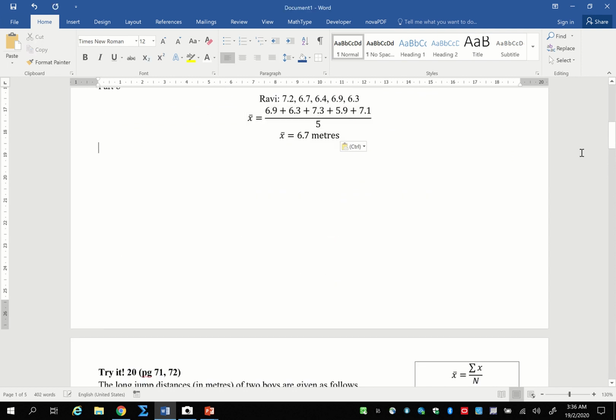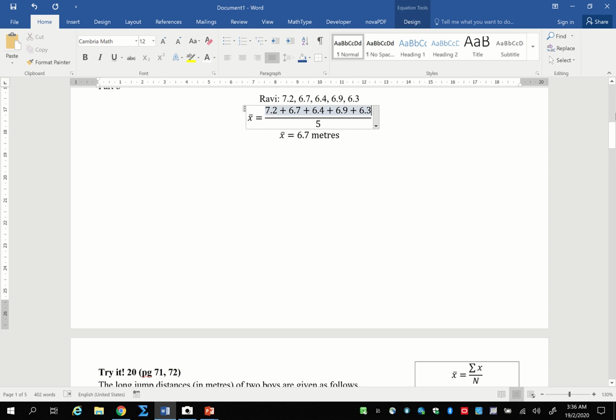Let's change this into 7.2 plus 6.7 plus 6.4 plus 6.9 plus 6.3, divided by 5, and I will get 6.7 meters as well.